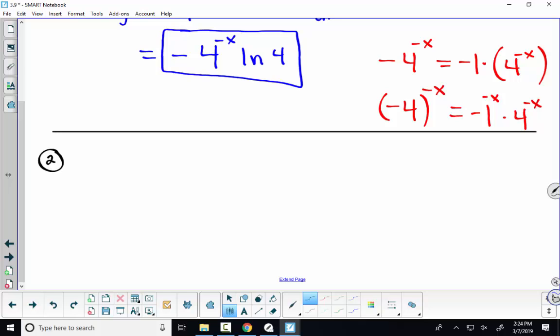Let's do y equals 250 times 1.045 to the x. So what rule do we need here?